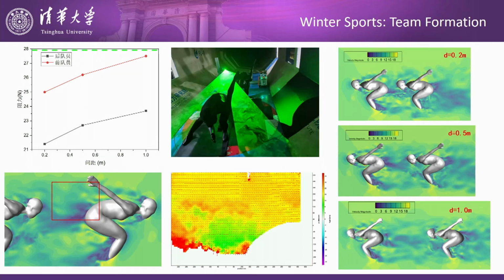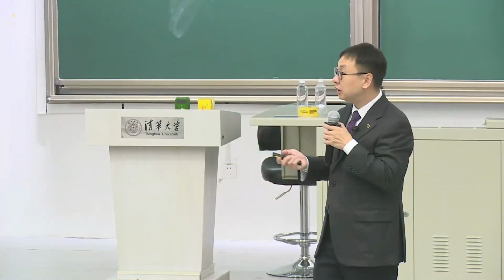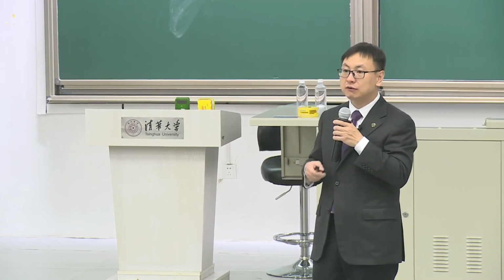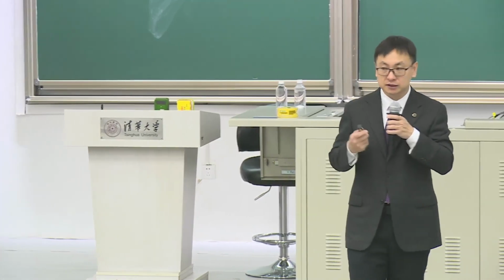So as long as we give the right model, right calculation setup, and right math, CFD can save a lot of time. And CFD is really helpful because we change the body with the computer. We change their arms, change the distance, and we don't have to occupy the time of athletes.